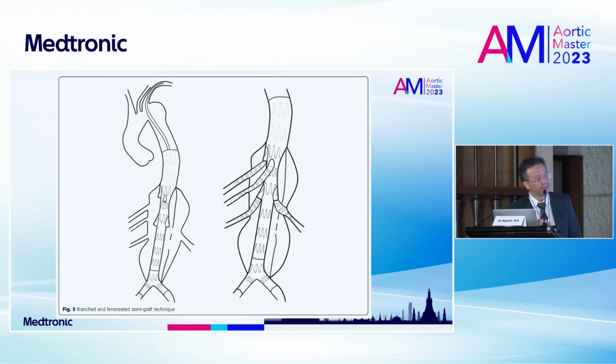To do this we need space. The main idea of this technique is to need space, so it's not necessary for the origin of the stent graft and the native origin to be close together.